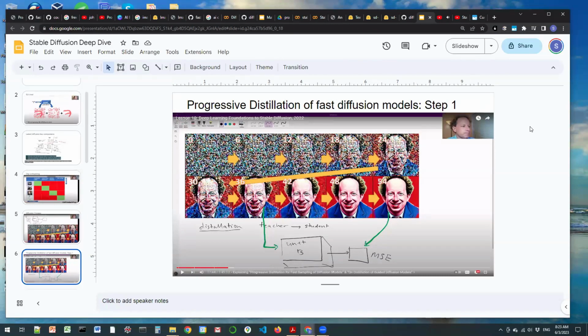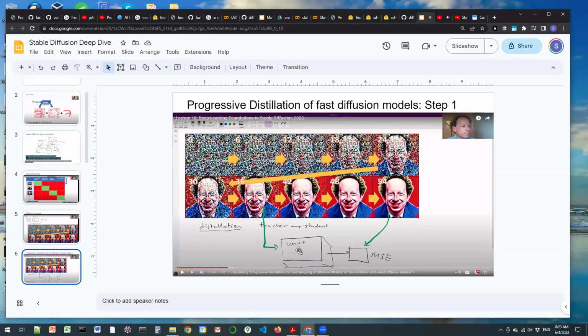And distillation, many of you may already know, is one of the techniques in deep learning where a fully trained, highly complex, lots of parameters teacher model is used to train a student model, which is small, computationally more efficient, with fewer parameters, but generating close to what the teacher model can generate.